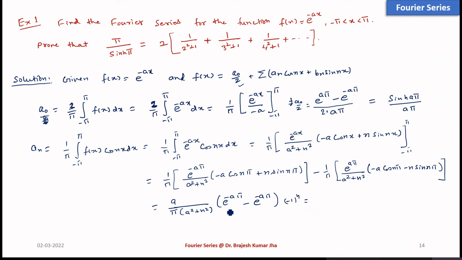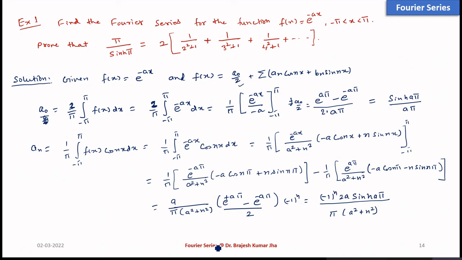So ultimately e to the power minus a pi minus e to the power plus a pi by 2. So it is going to be -1 to the power n, 2 times a, sine hyperbolic a pi upon pi, a square plus n square. Is it so? Yes, sir.